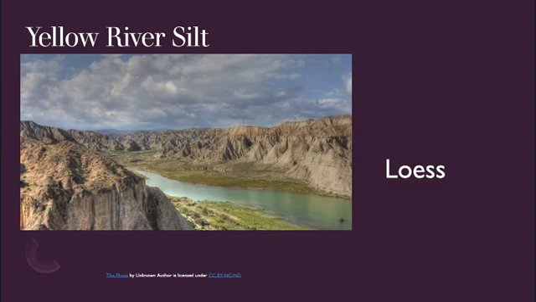Loess. All right, so Yellow River, it floods. It leaves silt behind. That silt gets picked up by the wind and blown all throughout the banks and plains and rivers and mountains of China, and it is called loess.